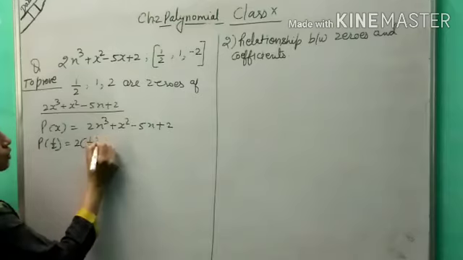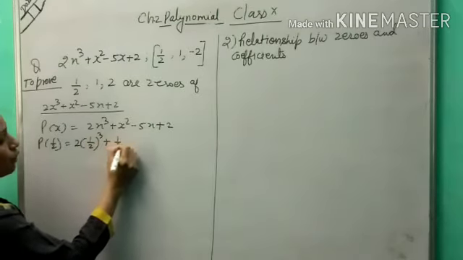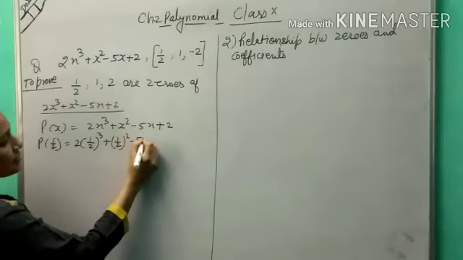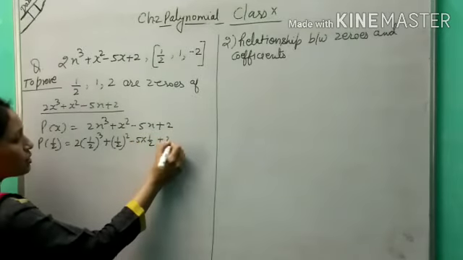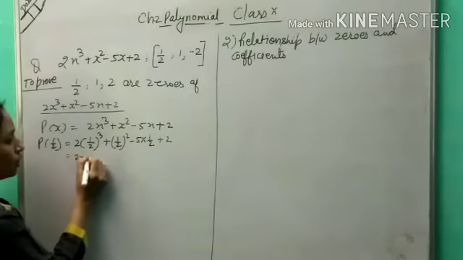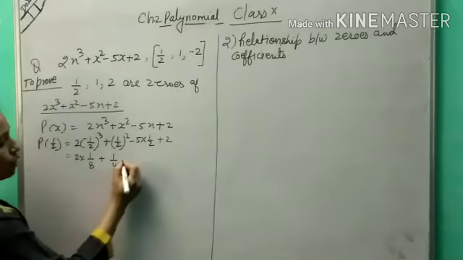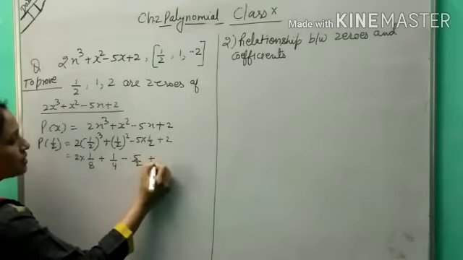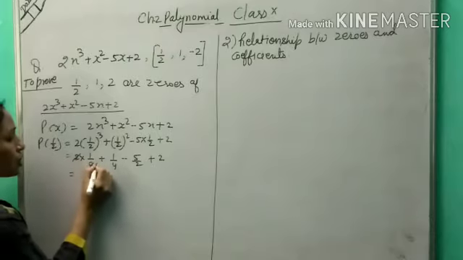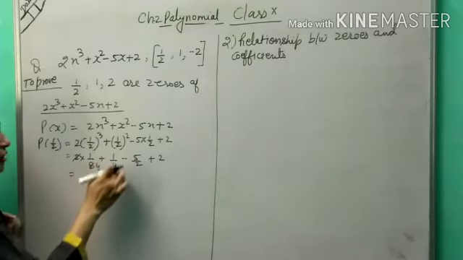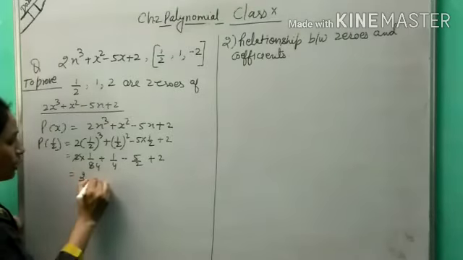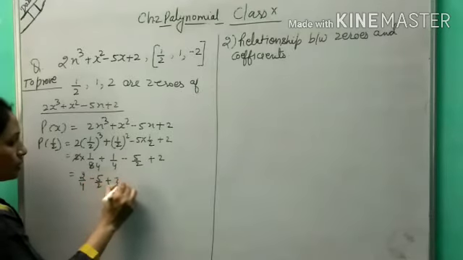2 into (1 upon 2) cube plus (1 upon 2) square minus 5 into 1 upon 2 plus 2. 2 into 1 upon 8 is 1 upon 4, plus 1 upon 4, minus 5 upon 2, plus 2. 1 upon 4 and 1 upon 4, that is 2 upon 4, minus 5 upon 2 plus 2.